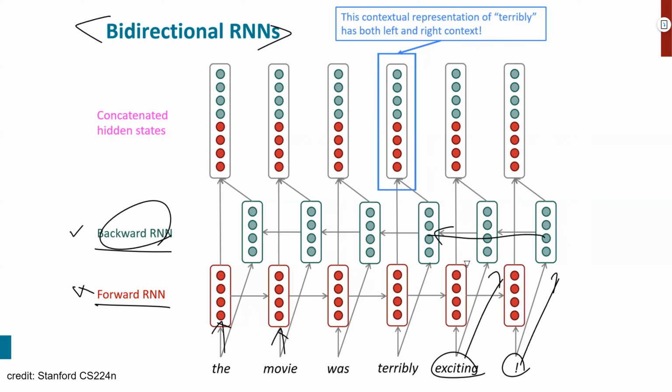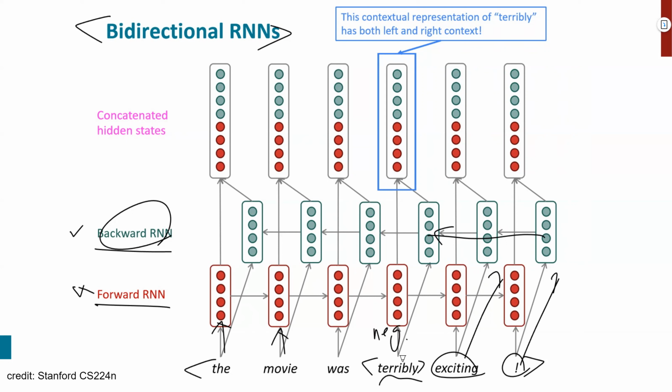Why do we need to do this? This is an intuitive example. Let's say we want to analyze the sentiment or the meaning of this word, terribly. When we just think about the forward context, the movie was terribly, then we might say, oh, this terribly might mean something negative.